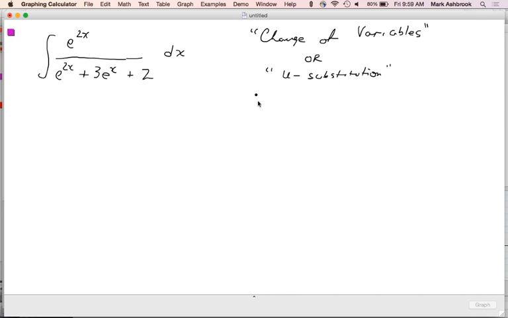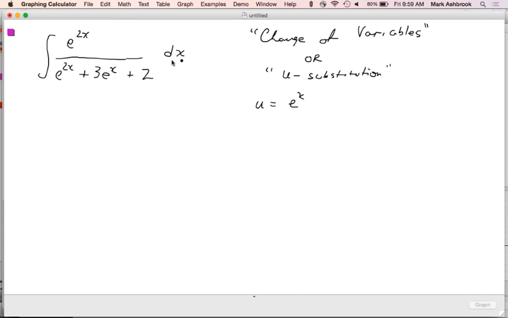So we want to set u equal to something that's going to get rid of all these exponentials. So we could say u is simply e to the x. And if we did that, the numerator would be u squared, and this would be u squared, and this would be 3u. And so it would get rid of all those e's.